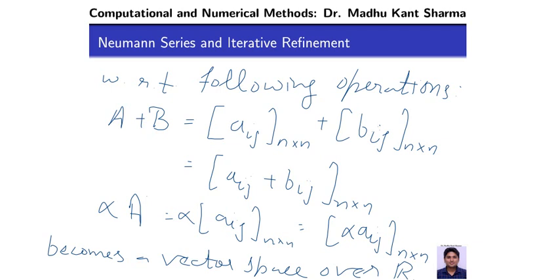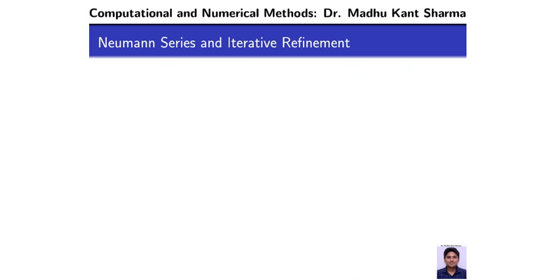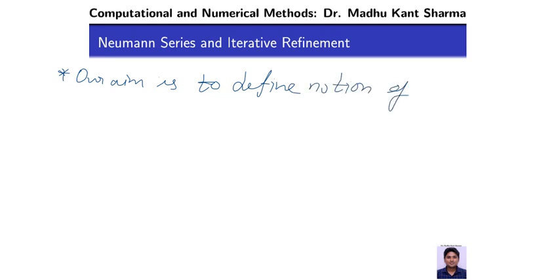Now our aim is to define the notion of convergence in V with its norm. As previously stated, this norm is a rough generalization of the modulus function.